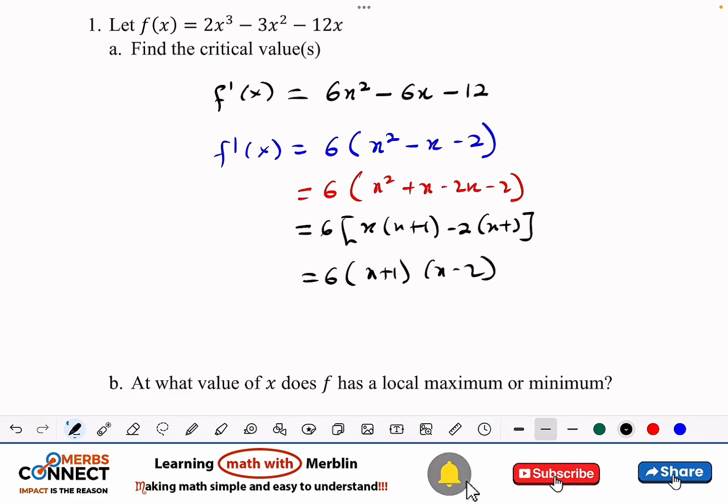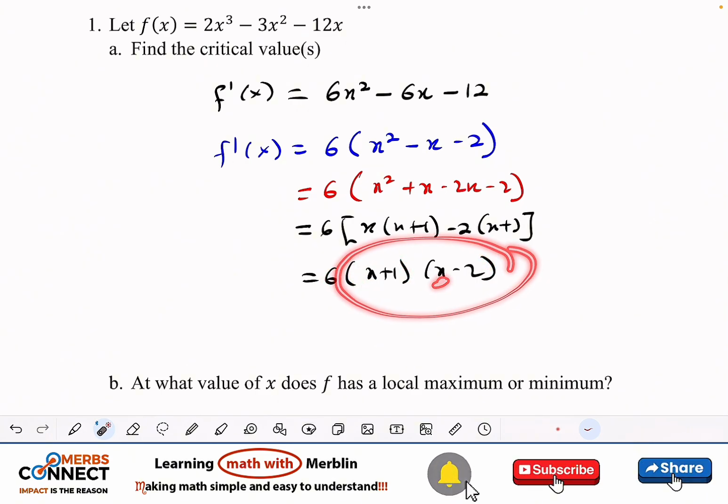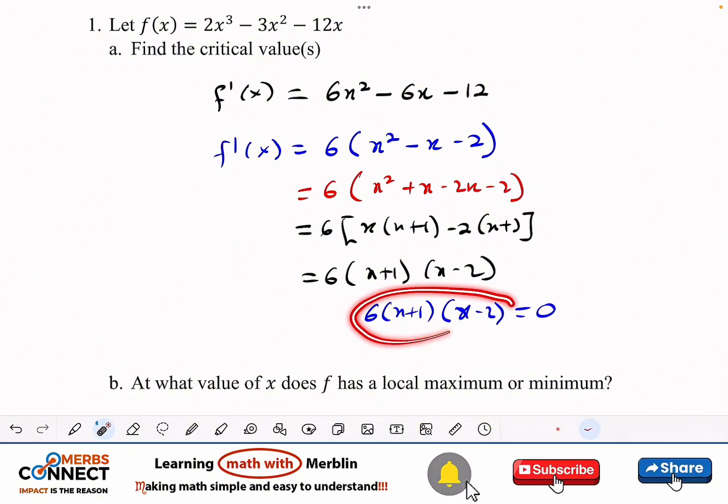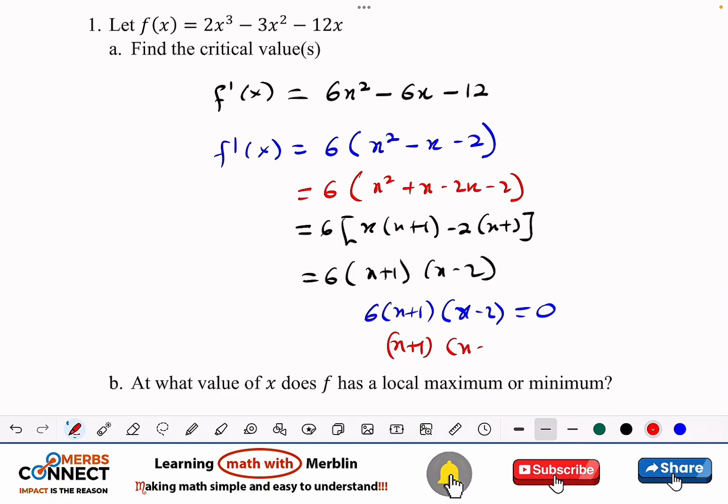So this is the first derivative, and we said for critical numbers, we look for the values that will make sure that this is equal to 0, right? What are the values that are going to make this 0? We see that when x is minus 1, this will be 0, and when x is 2, this one will be 0. In other terms, we take 6 times x plus 1 times x minus 2, and set it equal to 0. By doing so, we can divide through by 6 and have x plus 1 times x minus 2 is equal to 0.